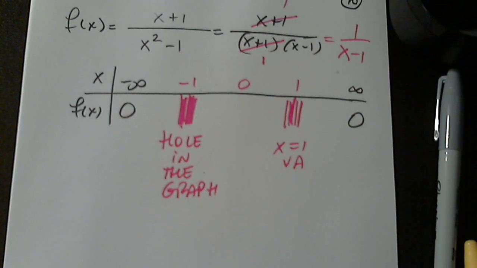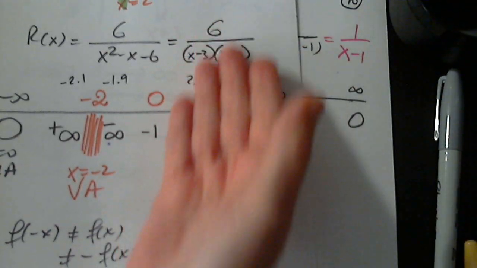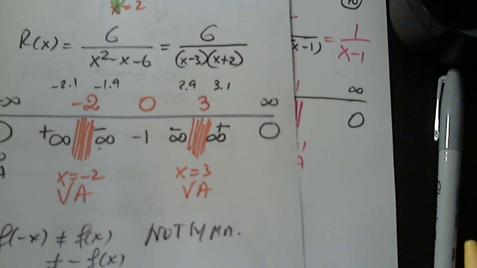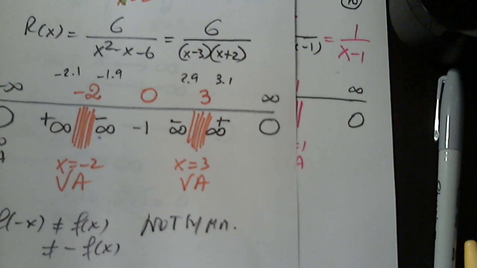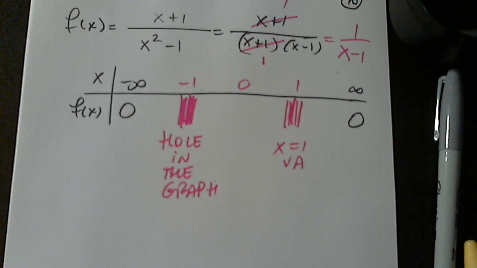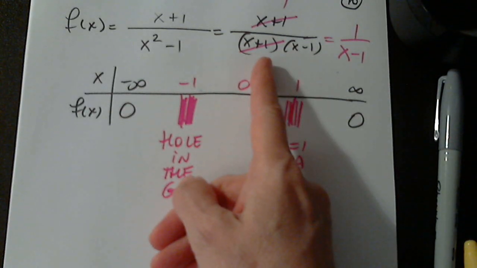I could not eliminate any factor. There was no factor that I could eliminate. And always remember the domain has to be stated on the raw function. There was no factor that I was able to eliminate. No factor. But here I have a factor that I can eliminate.